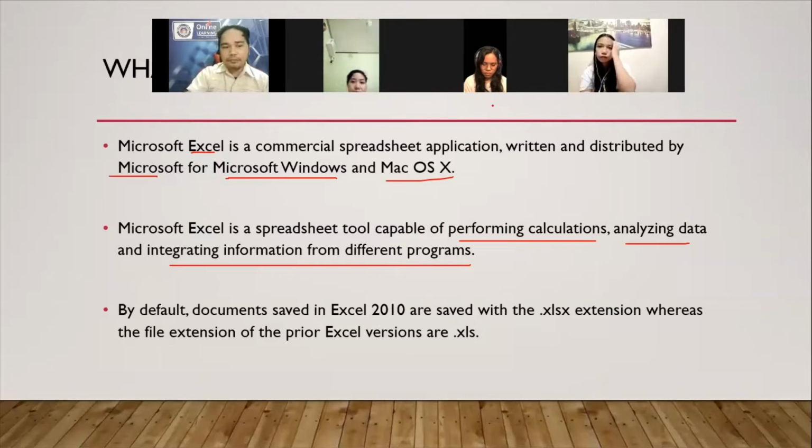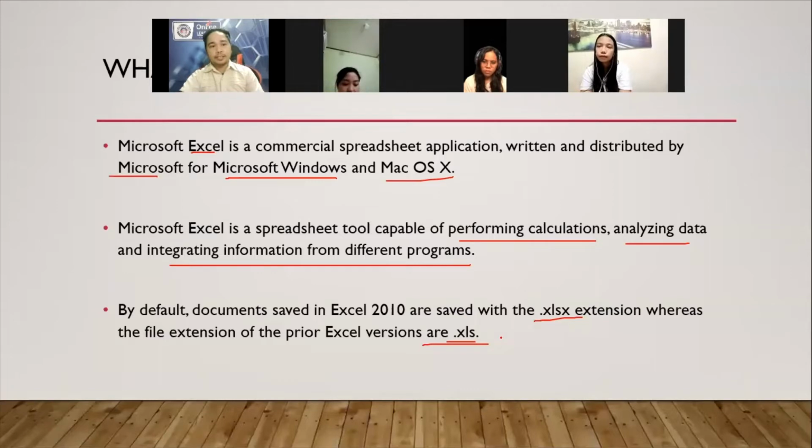And then also by default, yung mga version na Excel 2010, 2013, 2016, 2019, and higher are using the file extension .xlsx. Okay? And then the file extension for prior Excel versions are .xls naman po. Pag mga lower version, mga 2007 pababa, ito yung file extension na ginagamit.